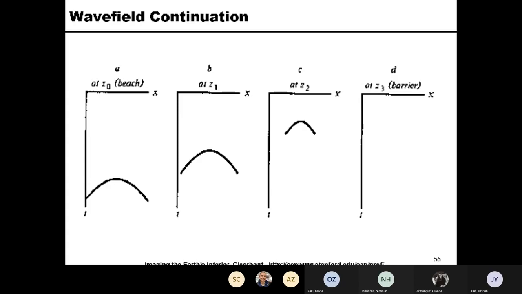You have a diffraction in the subsurface. You gradually move your surface down to the subsurface. Finally, the new surface reaches that scatter point, reaches the wavefront. Okay, that's the image.